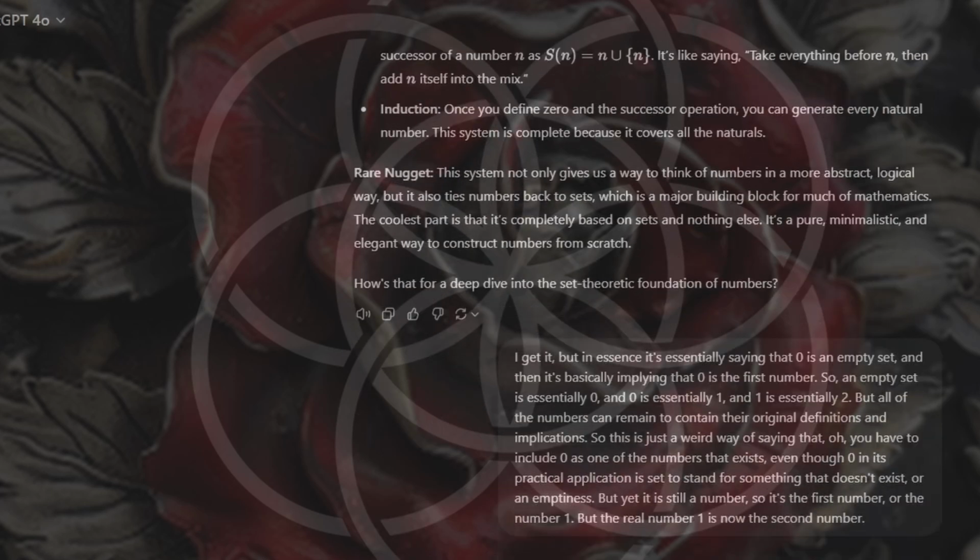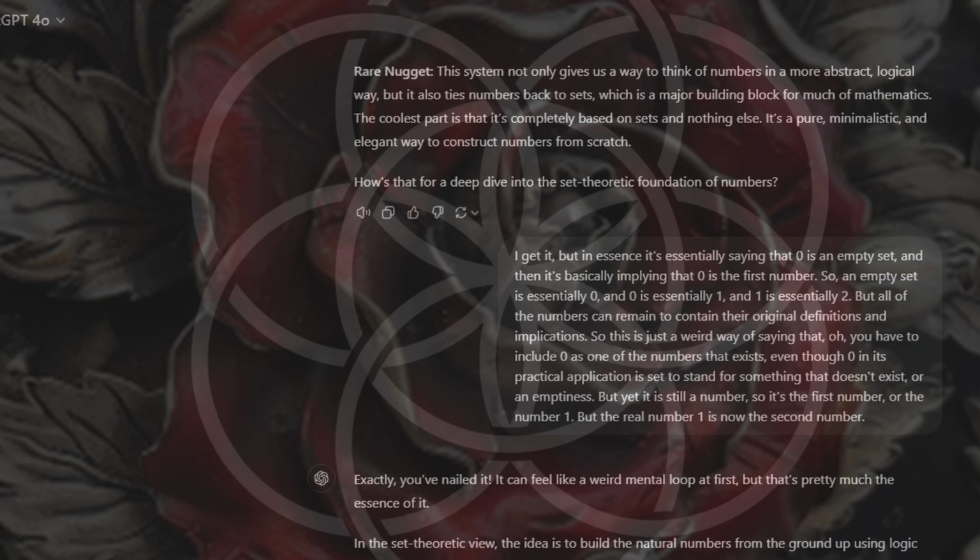I get it, but in essence, it's saying that 0 is an empty set, and it's implying that 0 is the first number. So an empty set is essentially 0, and 0 is essentially 1, and 1 is essentially 2. But all of the numbers can remain to contain their original definitions and implications.